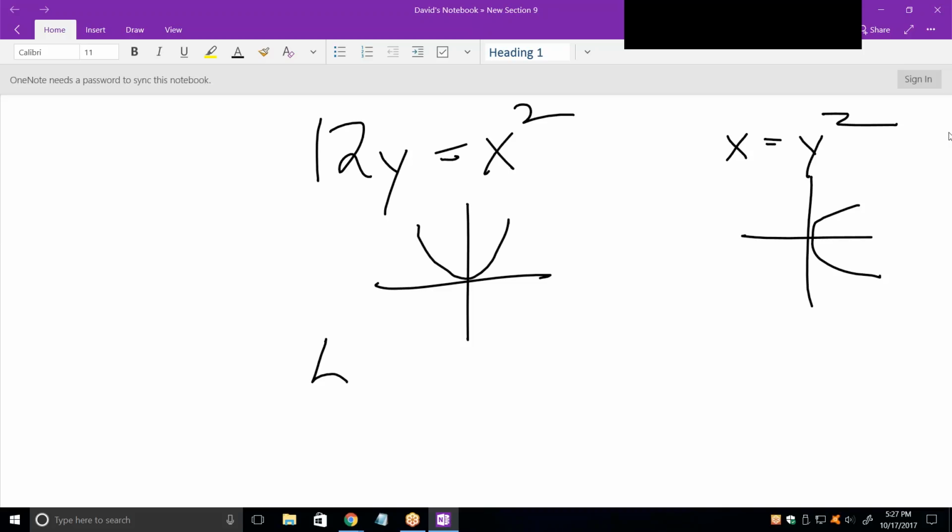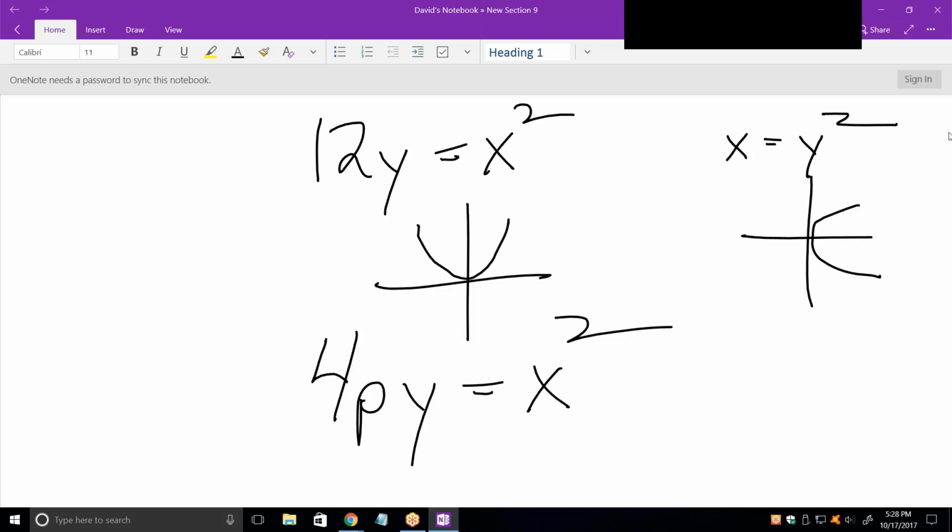I can understand why you were confused. The standard format is that the 4p goes in front of the variable that is not being squared. That's all you need to remember. If it's x equals y squared, then the 4p goes in front of the x.